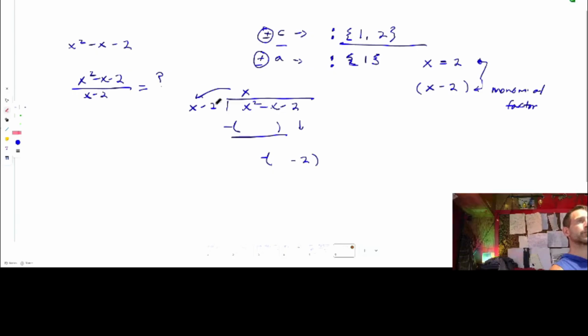So x times x is x squared, and in order to get negative x, don't forget your minus 2 here. And we need it to equal. And so what is your product? Yeah, so x squares cancel out, and negative x minus 2x is negative 3x.